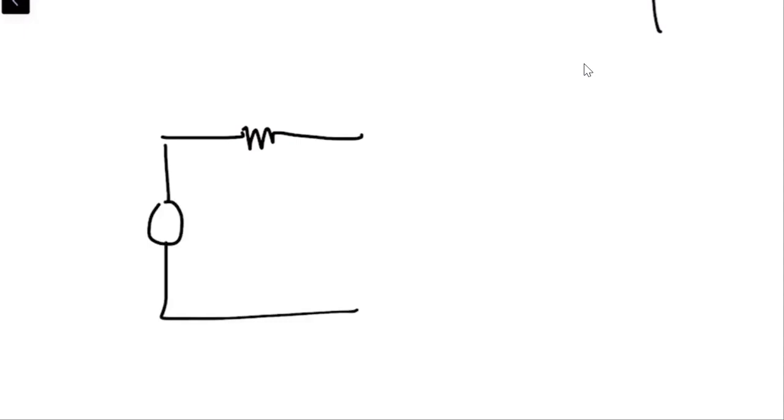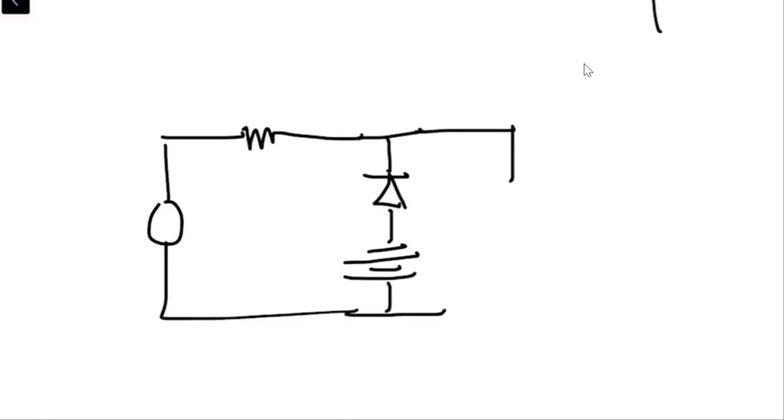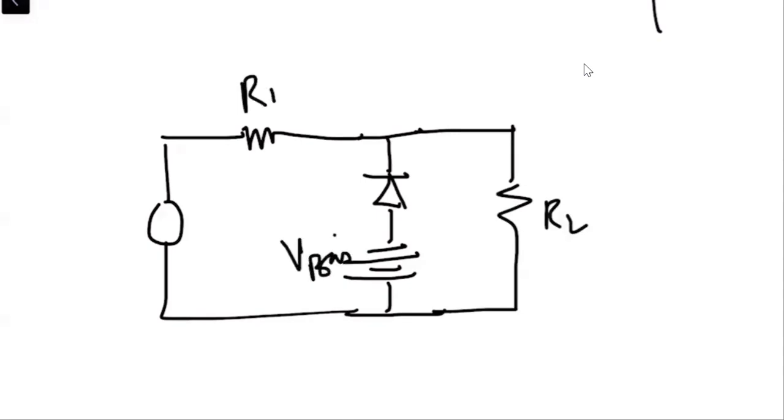Now, we have a circuit like this, and we have a diode whose direction is changed as well as the biasing potential V bias whose direction is also changed, and RL is the same, R1 is the same, and we have V bias over here, and we are providing the input.